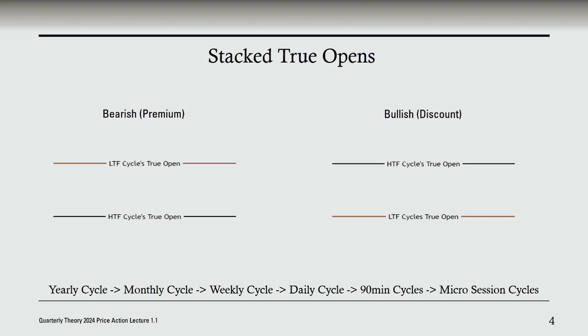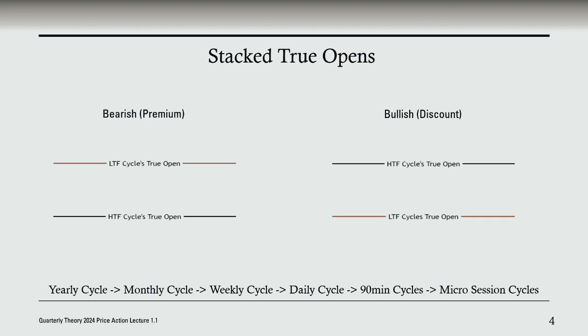Let me repeat that again. In bearish markets, when price is above a lower time frame cycle's true open, which is already above a higher time frame cycle's true open, that's when you should look to go short.